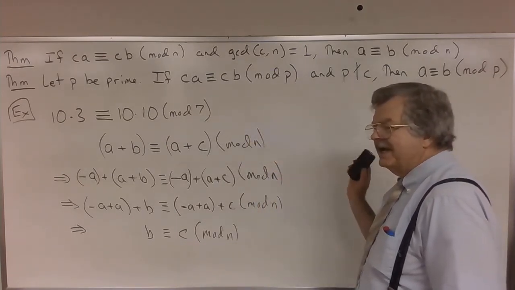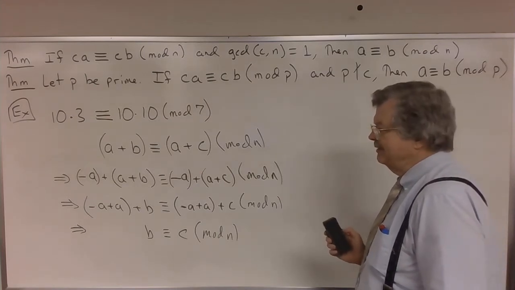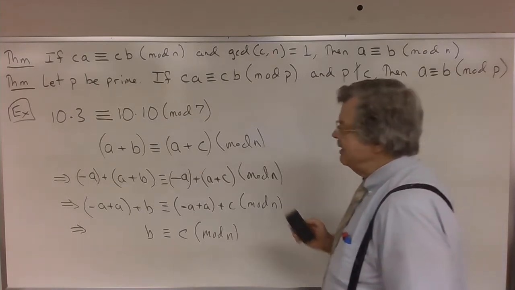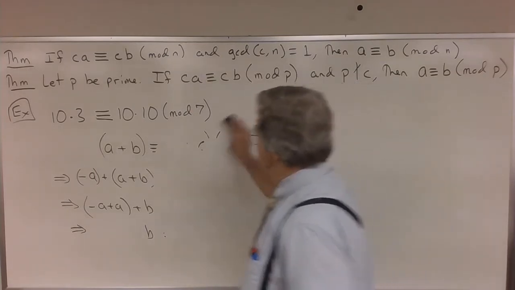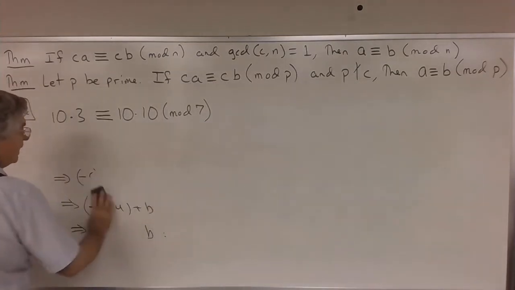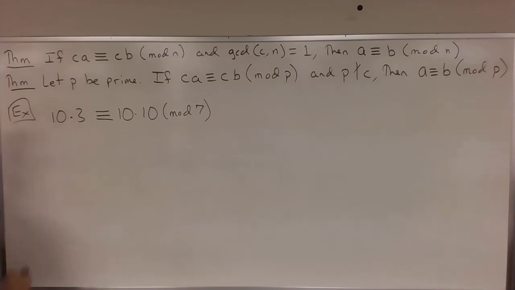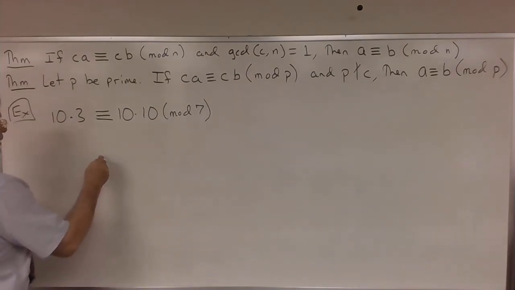Now I'm bringing out that point because the same kind of cancellation property does not hold for multiplication. Let's see.